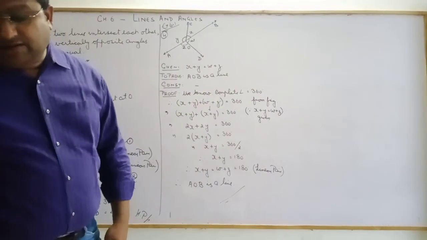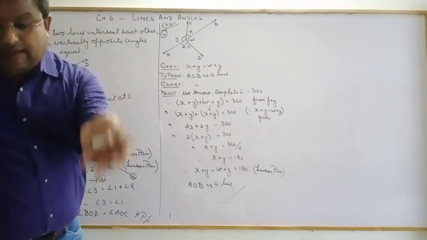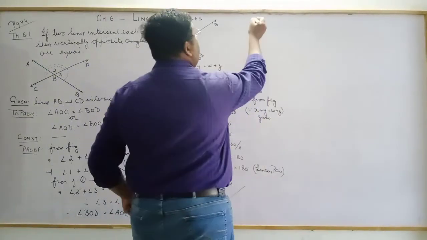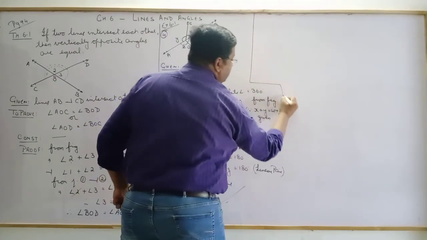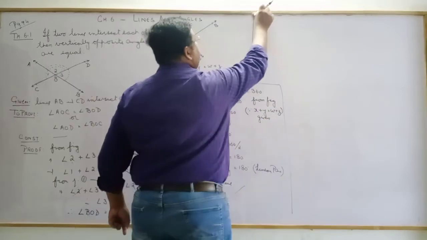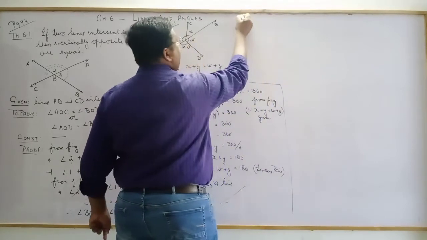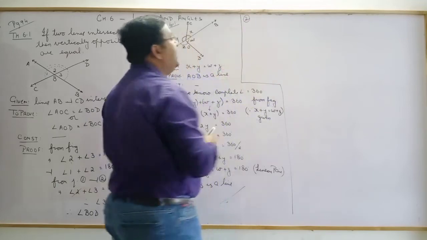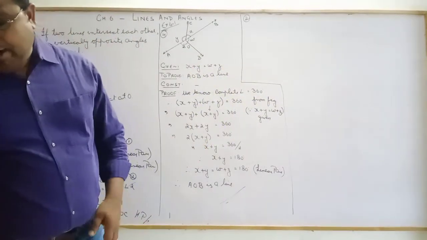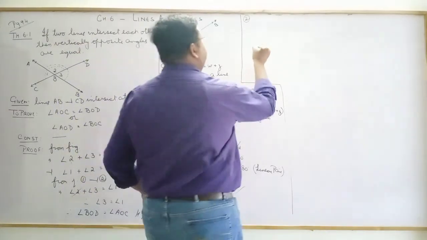It says in the given figure, lines XY and MN. He is telling you that two lines are there. One is XY, one is MN. I'll use the space of the board so that the questions can be fitted. Question number 2. Lines XY and MN intersect at O.